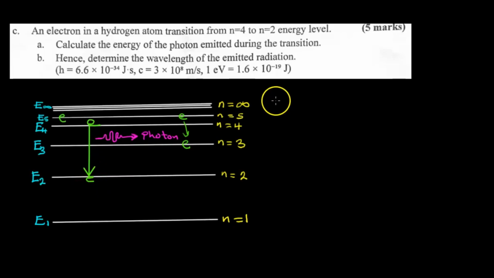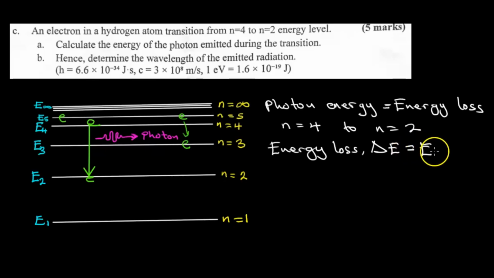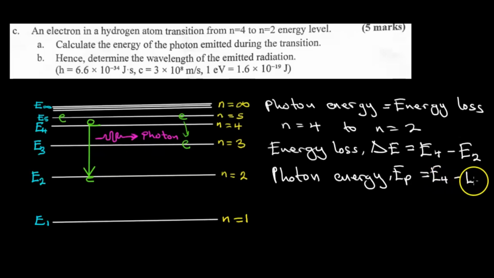So this tells us that the energy of the photon is equal to the loss in energy during transition. For a transition from n equals 4 to n equals 2, our loss in energy will be equal to E4 minus E2. Since the photon energy and the energy loss during transition are the same, I can also say that the photon energy is E4 minus E2.